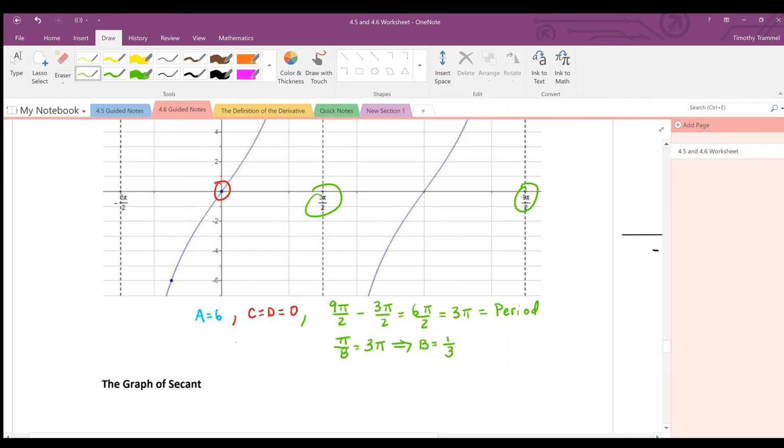And so this is everything we need. We can actually finally write the answer now that we have all this information. So y equals, we have A is 6. We're using, again, tangent. B is 1/3. There's no C or D. All right, and so there it is.